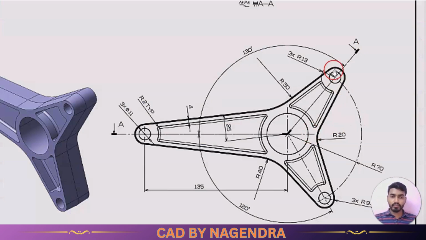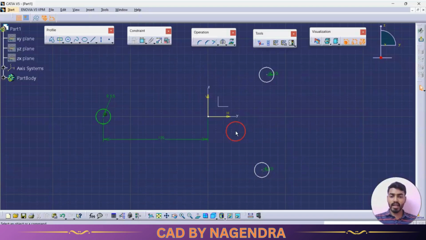Then for this circle position, as you can see, one curve is there with radius of 70, and this center point should be with inclination of 130 degrees with reference to this horizontal axis, and this circle we are having angle of 120 degrees with reference to this horizontal axis.